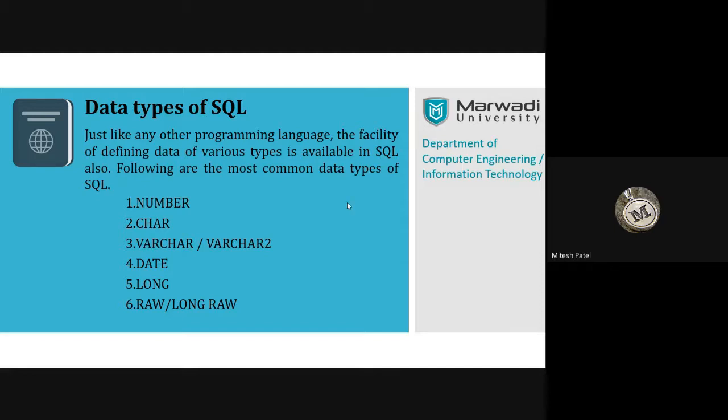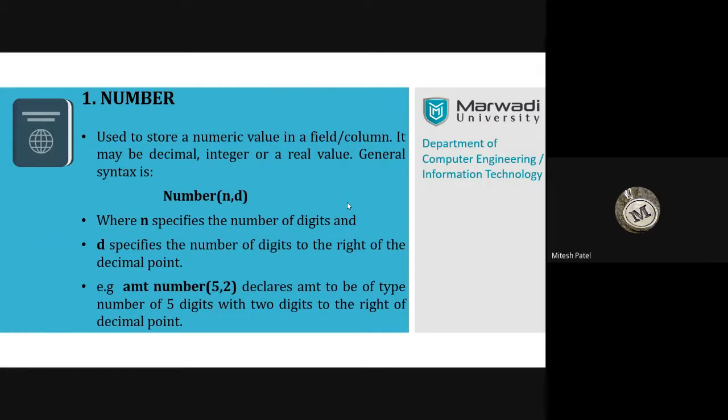Now let's see the data types of SQL which are most commonly used. Generally, out of all these six, three are the most important. One is number, second is varchar, and third is date. So let's go through it. Number, the name suggests its meaning. We can store a numeric value in a particular field, either in decimal format or integer format.